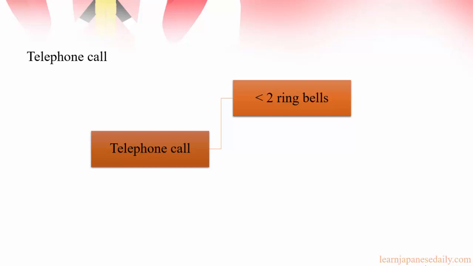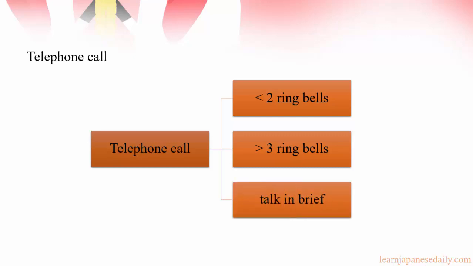Don't let the customer wait. In case you are busy with your work and have to pick up the telephone late, after 3 rings, you have to apologize first. When making a call, try to talk briefly and focus on the purpose to avoid wasting the listener's time. Even write down what you need to say before calling someone.